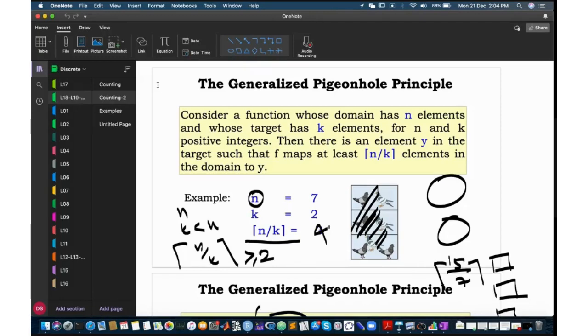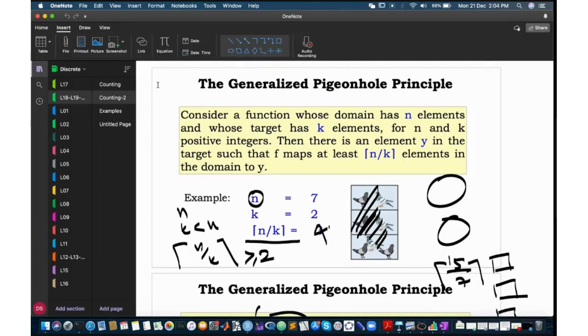We can also look at this from the other angle: there must be a hole which contains at most the average number of pigeons. For example, let's say you have 10 pigeons and there are 5 pigeonholes.